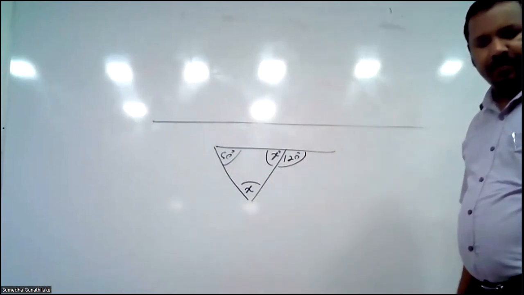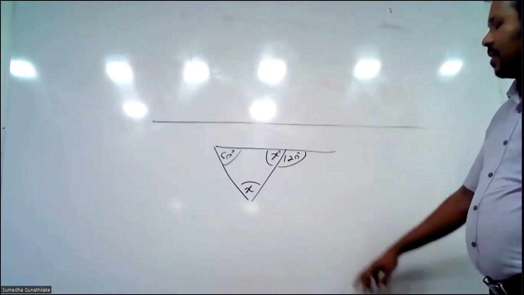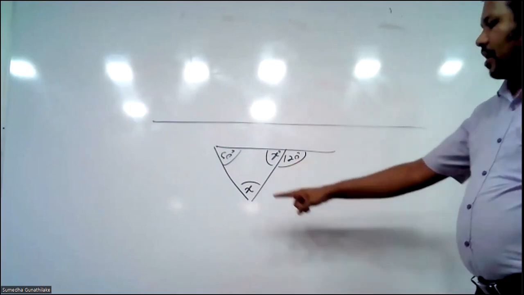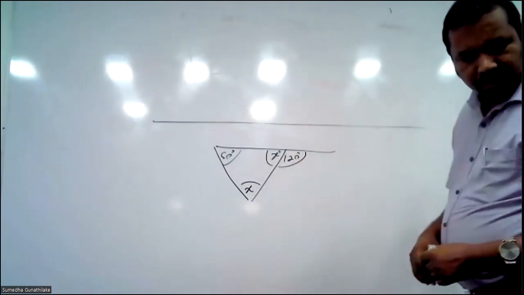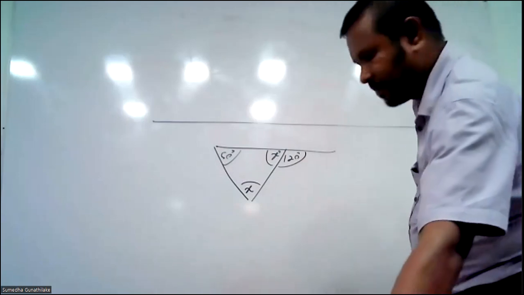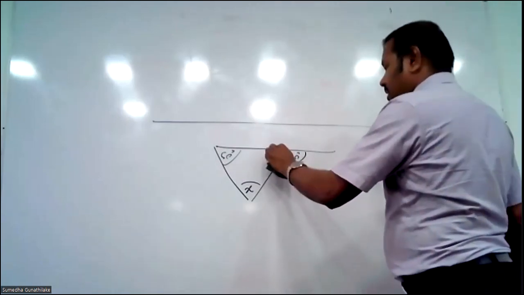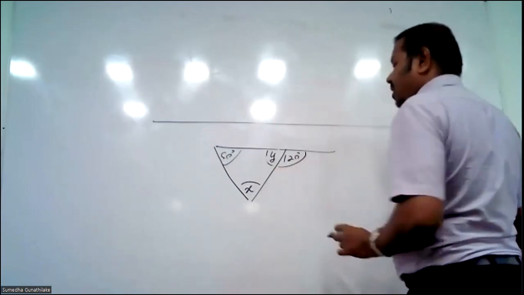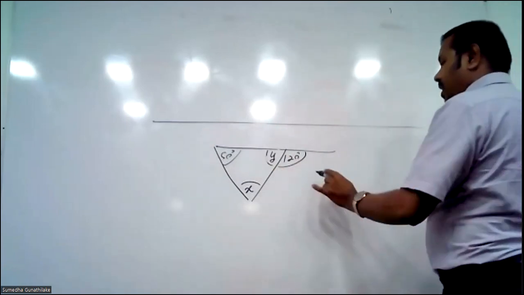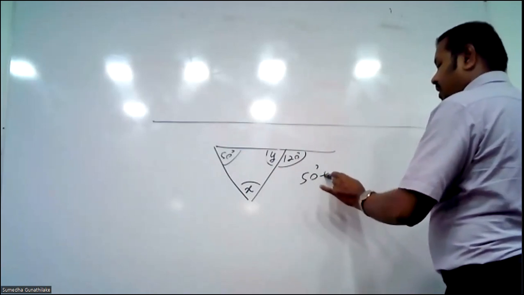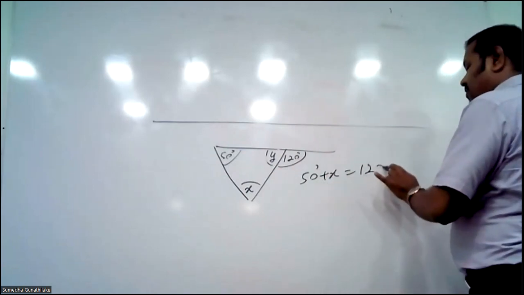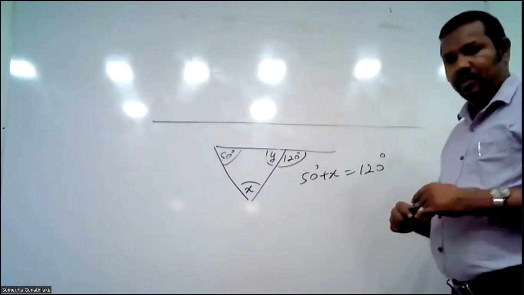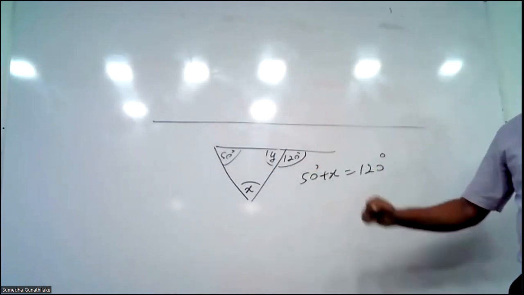If I write this is y, no? I write 50 plus x as 120. What's the theory behind that?